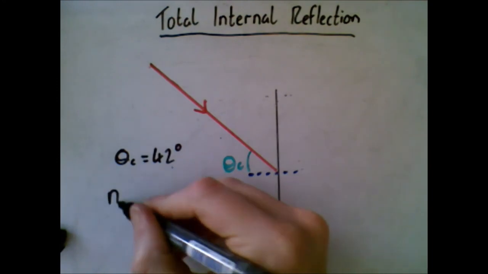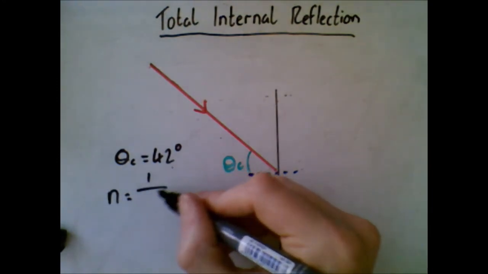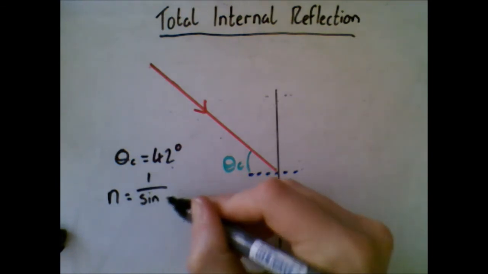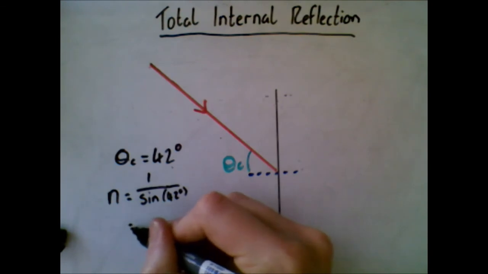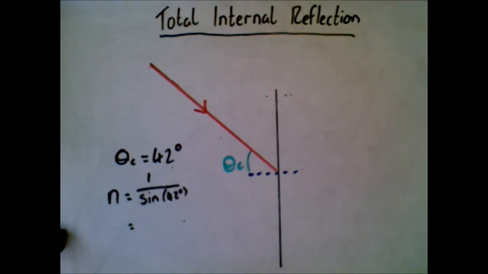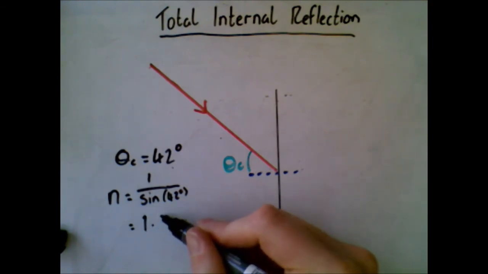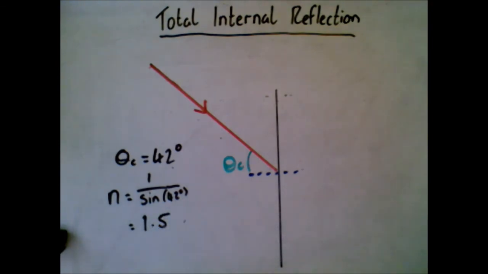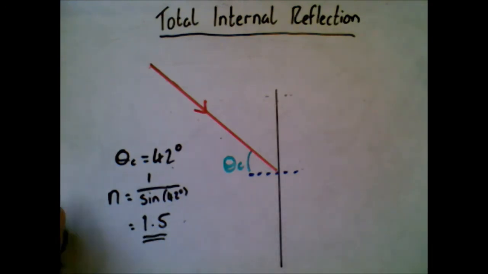That means my refractive index is 1 over sine of 42 degrees. Okay, and so let's put that into the calculator and see what we get. And that gives us an answer of 1.5. So that's pretty close to what we got before. There we go, our refractive index is 1.5.